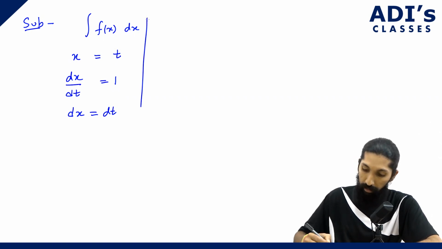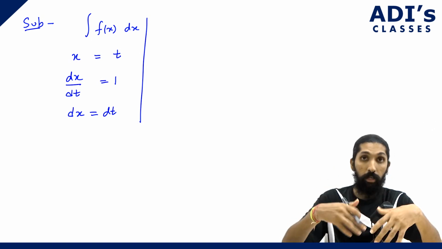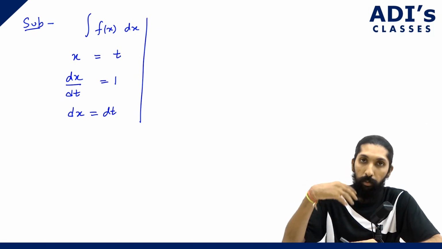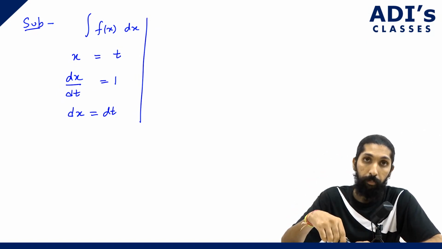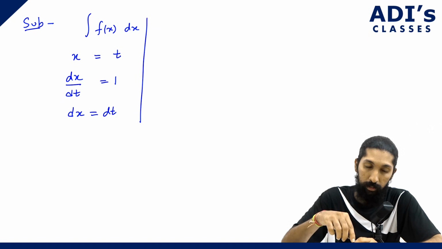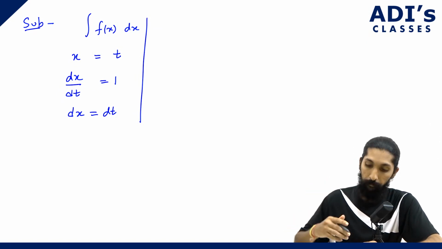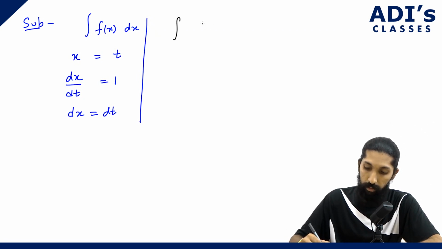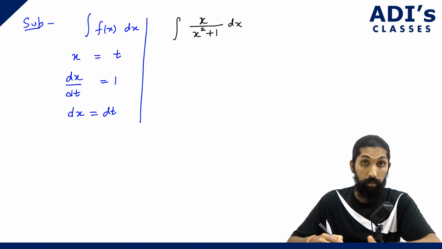Just the explanation of the method may not be very useful because you won't be able to understand and relate it. Let me start with a very simple example. Let's say you have the integral of x divided by x square plus 1 dx. This is your integral.